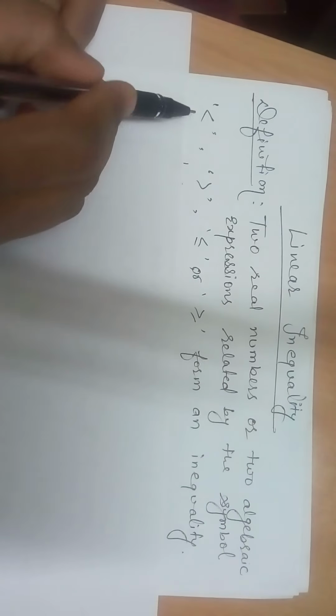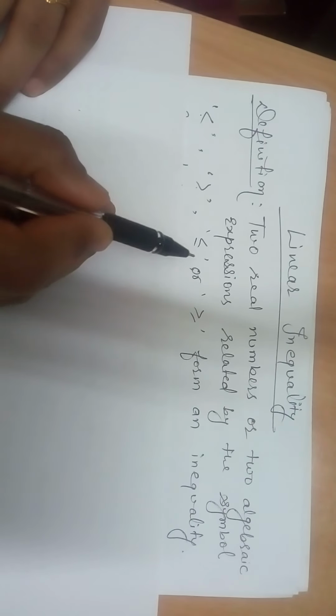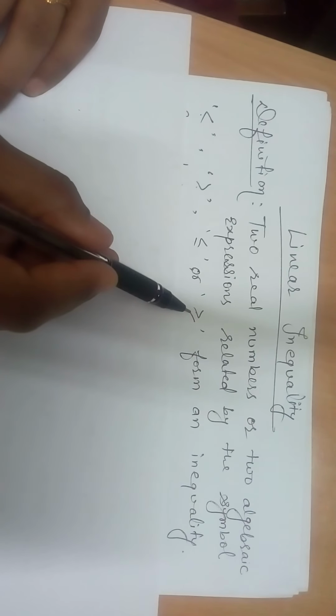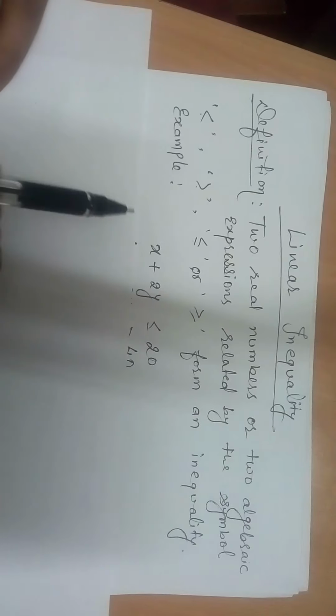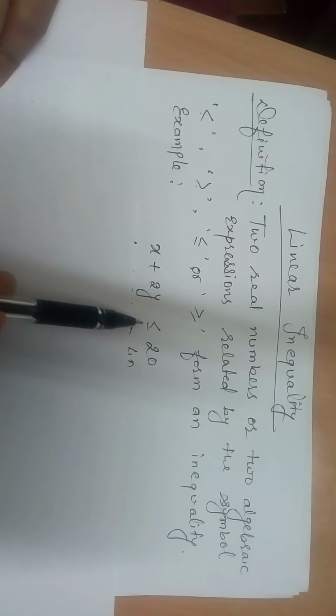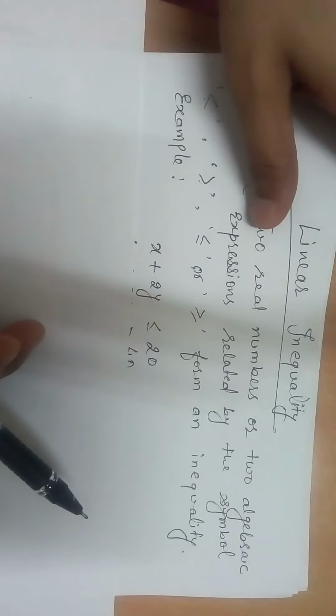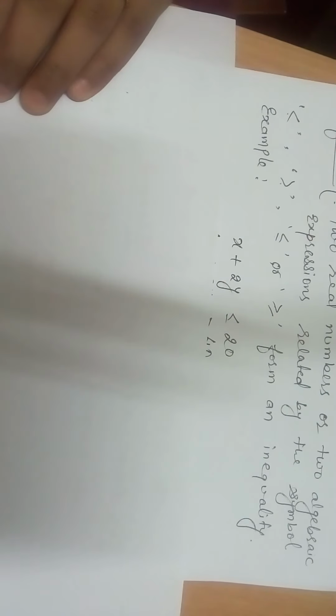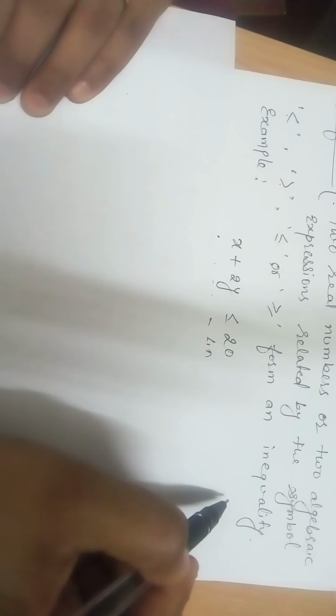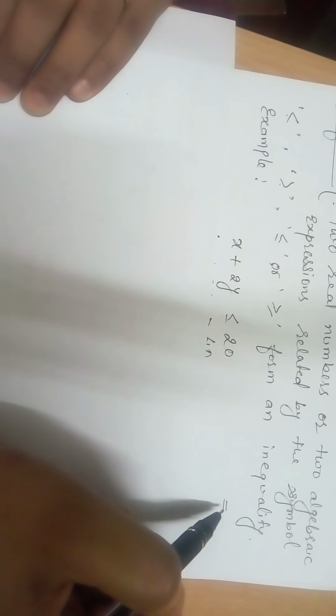Two real numbers or two algebraic expressions related by the symbol less than, greater than, less or equal, greater or equal form an inequality. For example, x plus 2y is less or equal to 20. In earlier classes we have studied that an expression involving the sign equal to is called an equation.